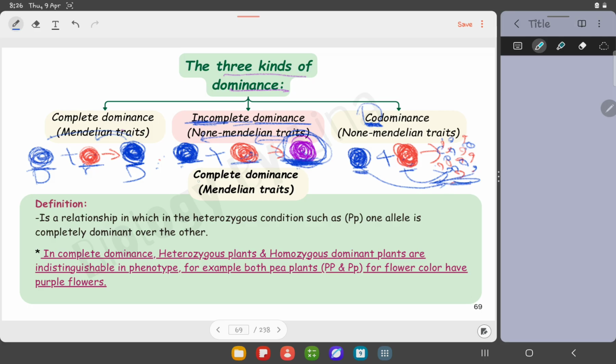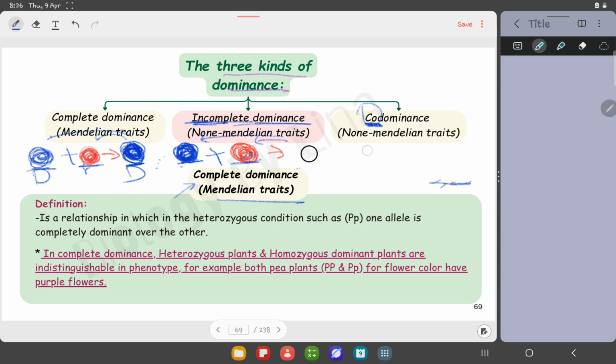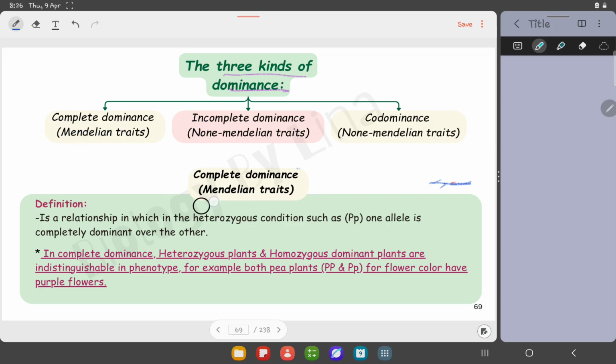Now, returning back to talk about each one in detail, complete dominance is named as Mendelian trait. Incomplete dominance and codominance are non-Mendelian. So we will use different letters from those of Mendelian genetics or Mendelian traits.